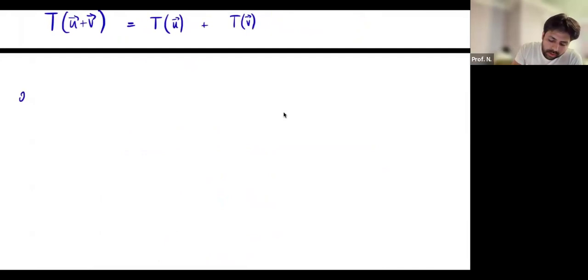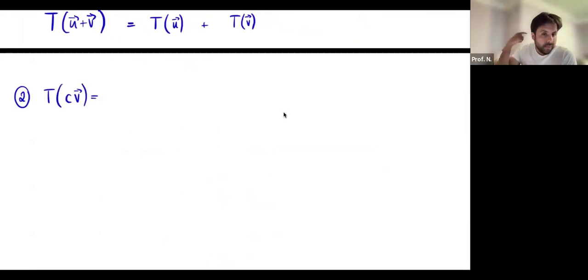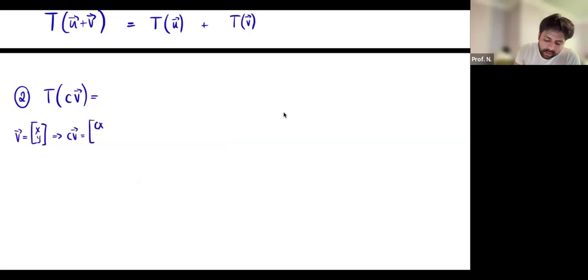So the second property, T of cV, and here V can just be XY. So I'm just going to write it as XY, which means that cV is cX, cY. So this is T of cX, cY.